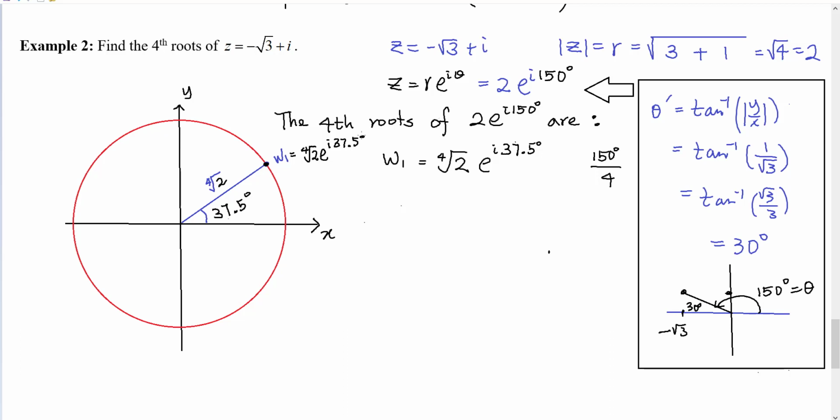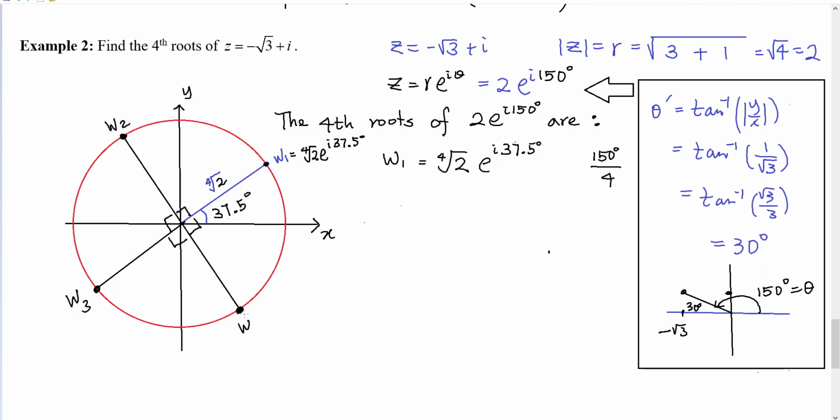The next one is an equal angle apart. That means I can divide the circle into exactly 4 equal angles, 90 degrees apart. So the next fourth root will be here, 90 degrees more than 37.5 degrees with the same radius r. That's w2, that's w3, and that's w4, and they are 90 degrees apart.